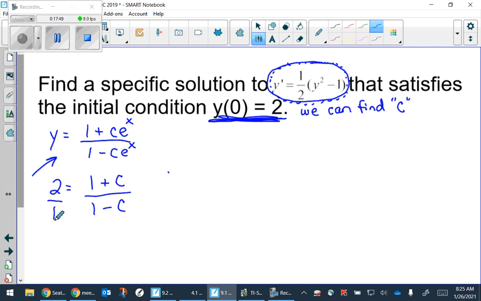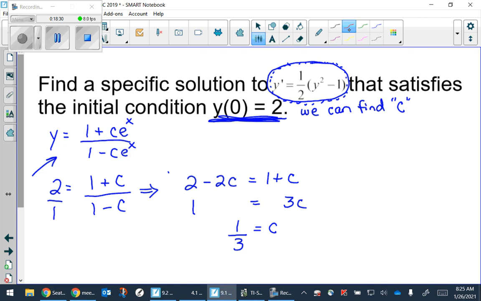Yeah, you go ahead and do it. I'm going to do it, and we're going to see what we come up with as a value for C. I got that C was 1/3. Did you get C was 1/3?